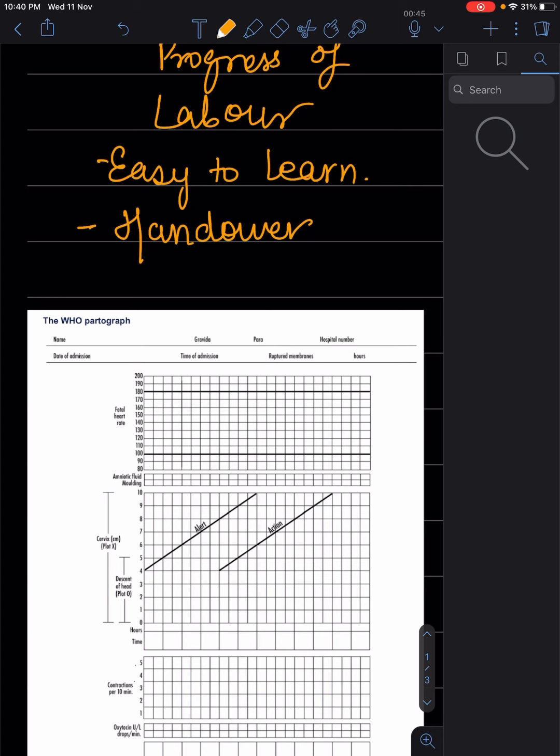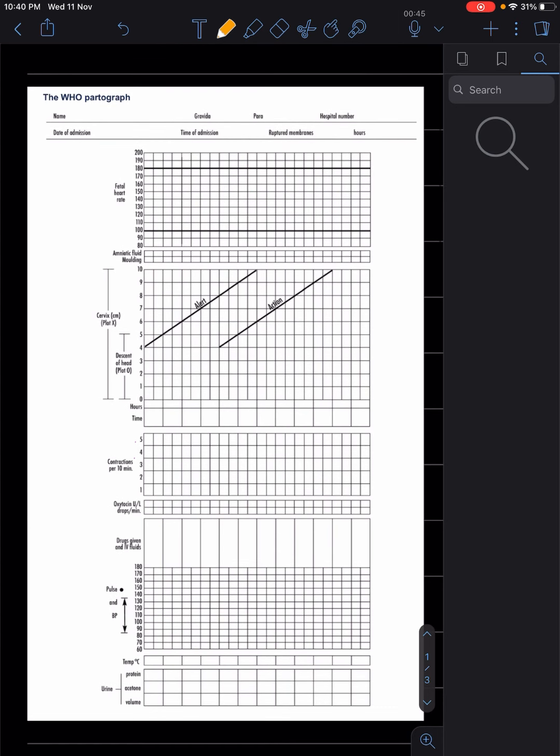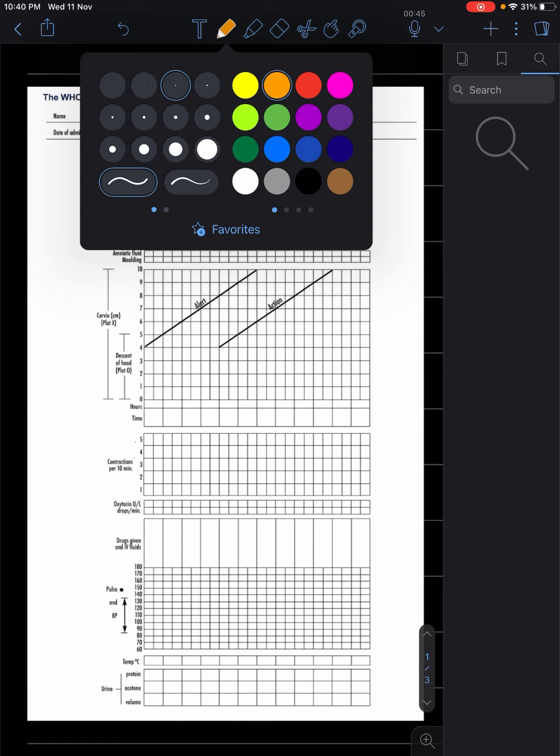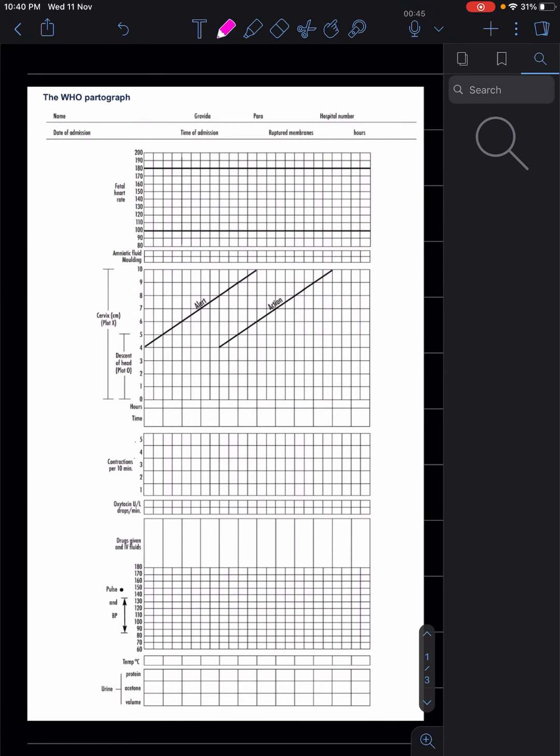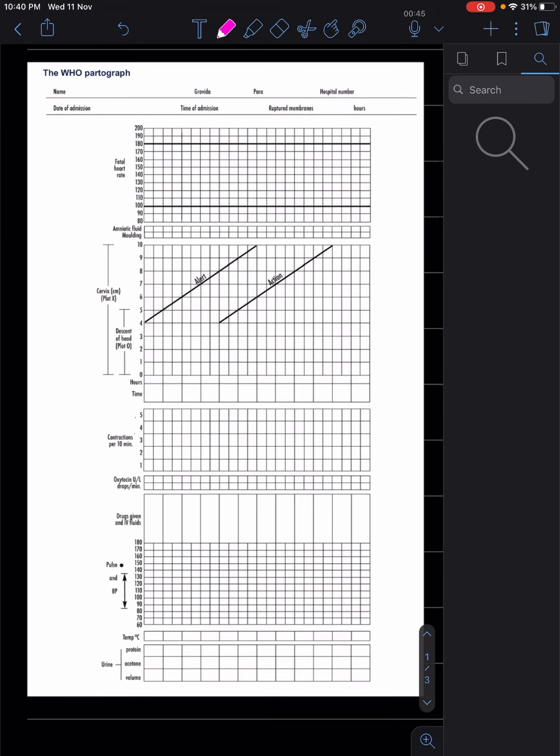So once I have gone through that, now I'll come to the components of it, and I'll be telling you each and every part of it, how to plot, what to plot, and when to plot at exactly what points, right? So what are the parts? Now this is the preliminary data about the patient. What all does it cover? It covers the name of the patient, the gravida, parity, hospital name, that is the ID of the patient, the date of admission, time of admission, and whether it is ruptured membrane or not, or the hours, right?